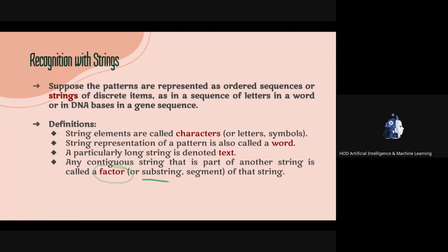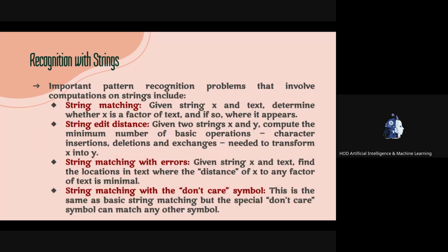It is otherwise called a substring or segment. Now you know what a substring and a segment are. So we call that a factor. So: character, word, text, factor. These are some of the definitions which we are going to use in the next 2-3 slides.